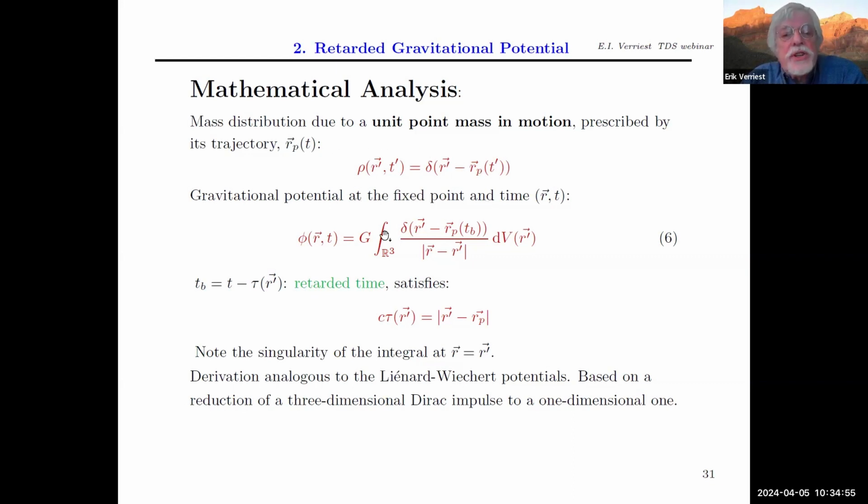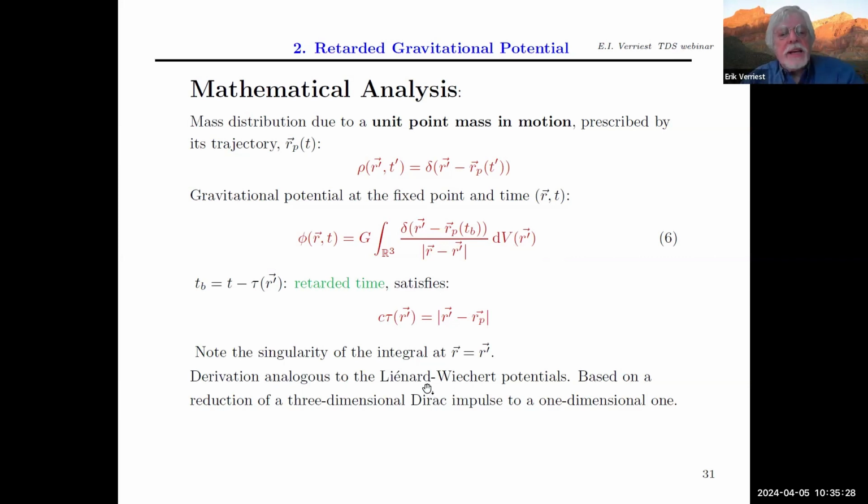And then the gravitational potential, of course, you put this Dirac delta density in there. And we note, first of all, that when r is equal to r prime, this integral is going to be singular, but we can do away with that because this is going to be isotropic. So if we take the principal value, this would be zero in a small neighborhood. So we don't worry too much about that singularity.